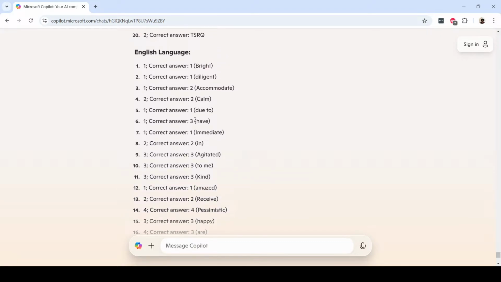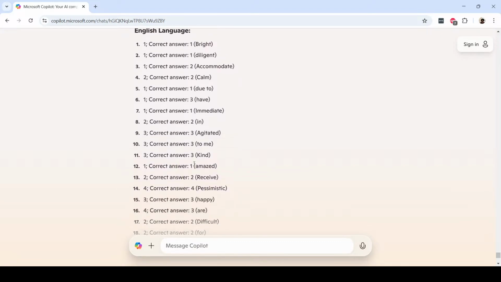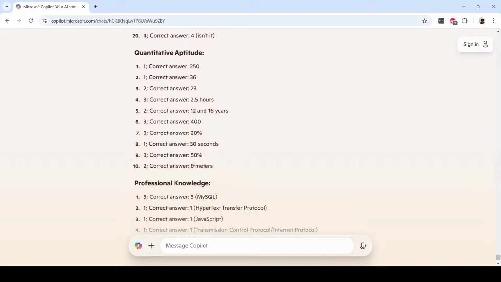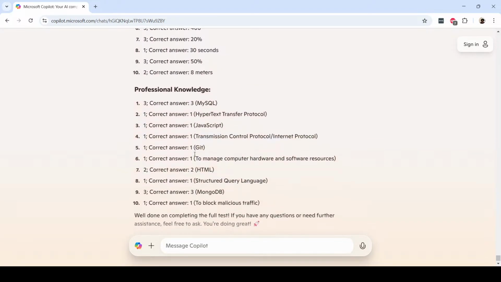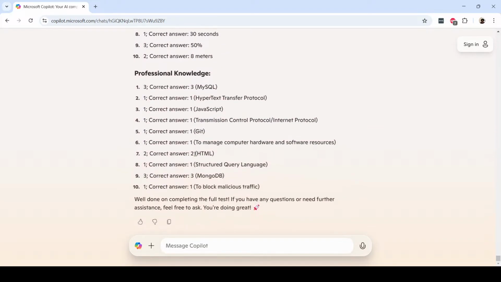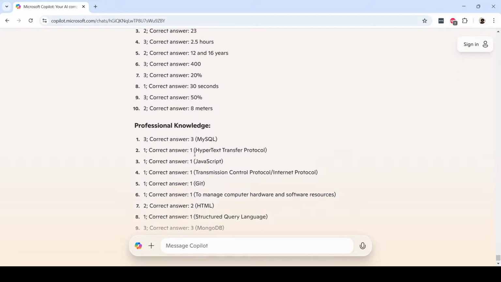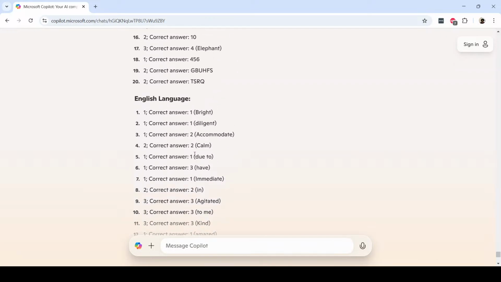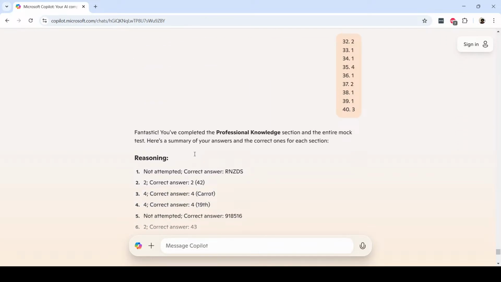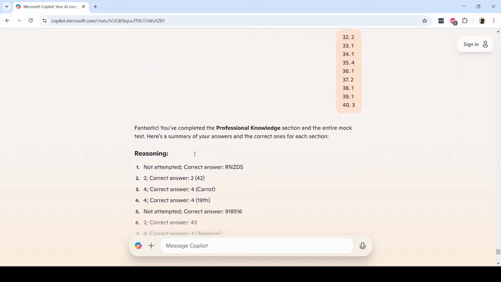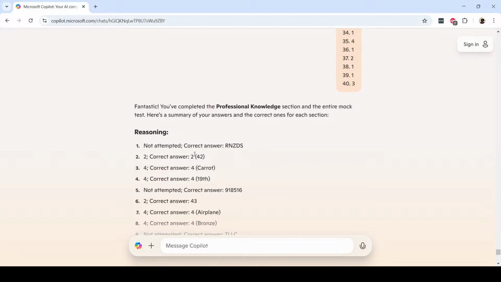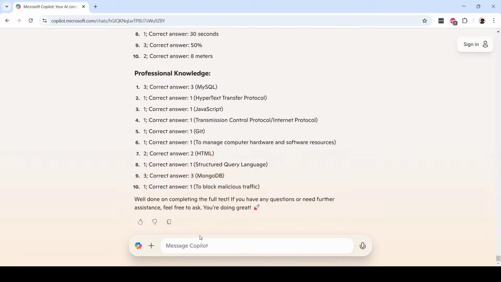Even you don't have to go through each one and calculate it, because it will give you a summary. Here is the summary of your answers and the correct ones for each section.